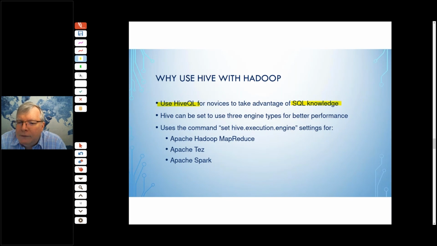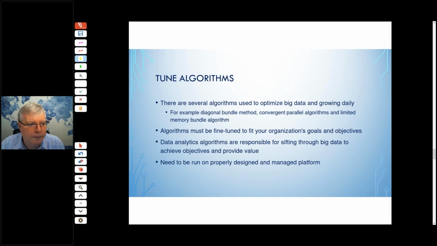If they have that, then people within your organization are able to continue those skill sets that they've been working with forever, maybe in a relational database, and use them here. And we also mentioned that the engine types can be set. So again, here, setting it to Hadoop or Tez or Spark would be appropriate.